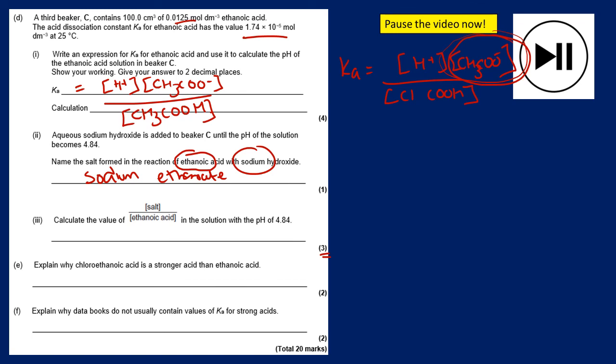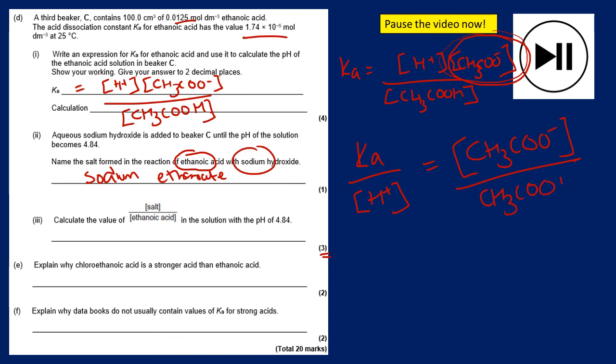So what we need to do is get an expression of CH3COO minus over the acid. If we divide both sides by H plus, we'll end up with CH3COO minus over the acid.